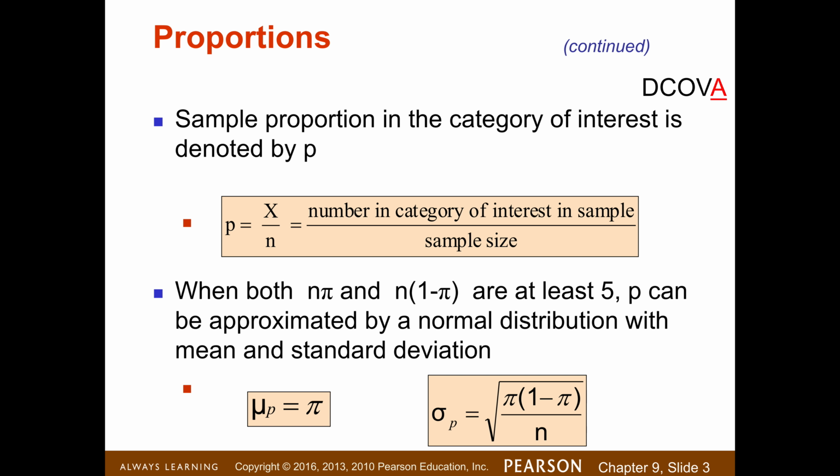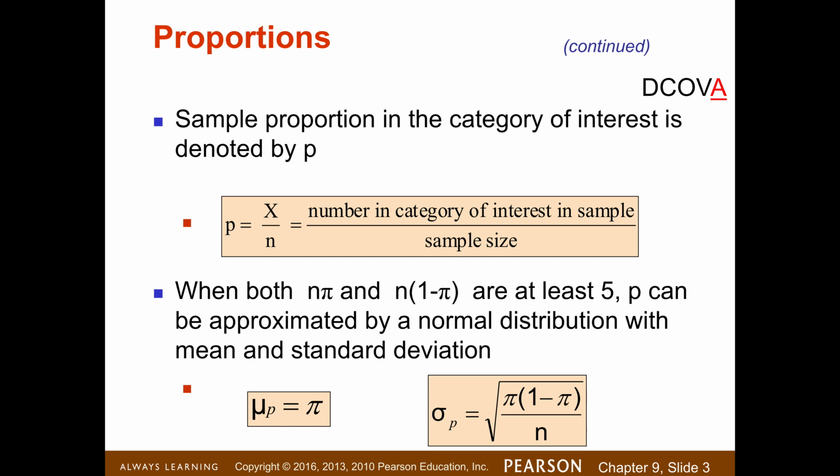This book uses p and pi for a sample proportion and population proportion respectively. And other books use p hat and p as the sample and population, respectively. Anyway, they're using p and pi here, so I'll try in my videos to be consistent.